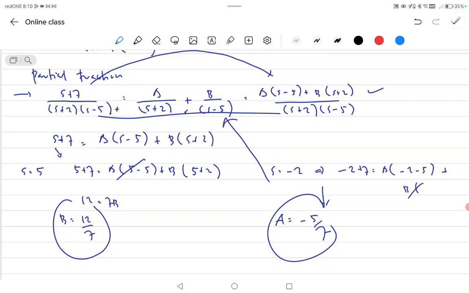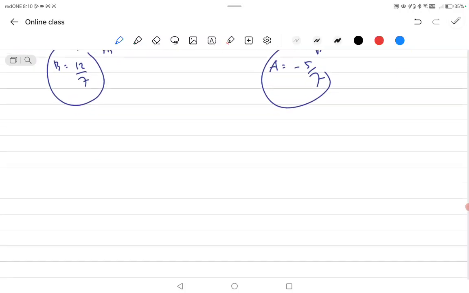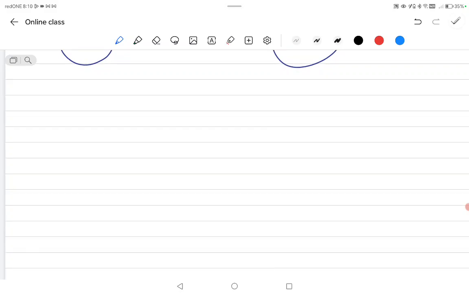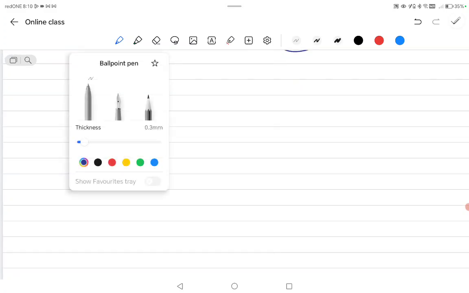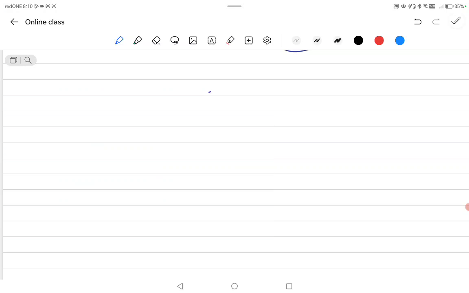So when we got the value of A and B, we substitute into this one. So at the end, as you can refer back in the slide, we have F(s) is equal to (−5/7) over (s + 2) plus (12/7) over (s − 5).